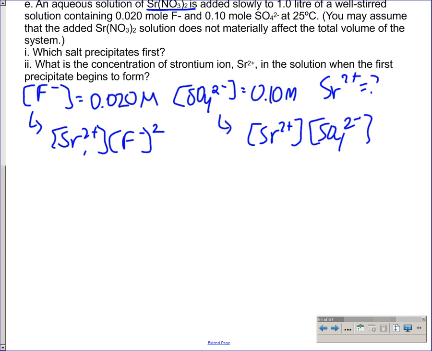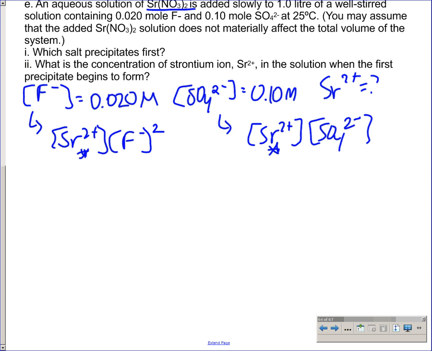If you solve for this here and here, and figure out which one is smaller, that means only that tiny bit of strontium will dissolve. If you put any more into it, it's going to precipitate. So if you can figure out which of these strontium concentrations is smaller, right after that point, it's going to precipitate.